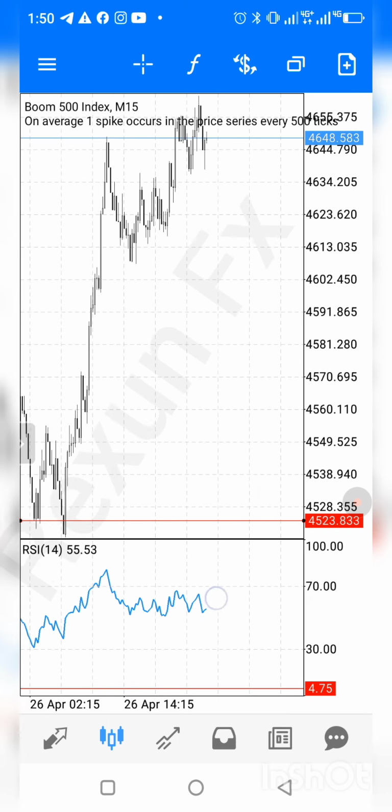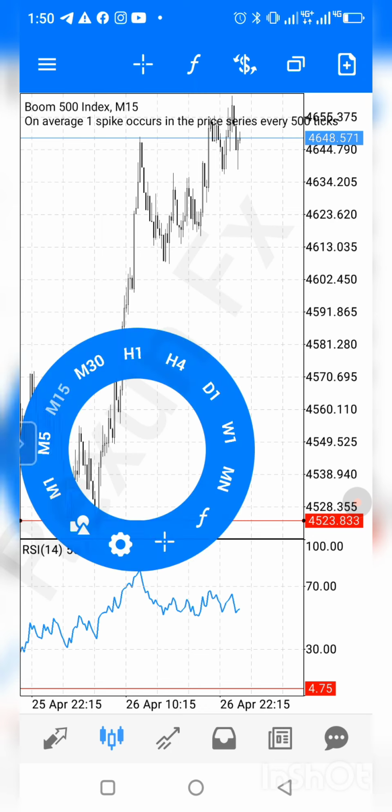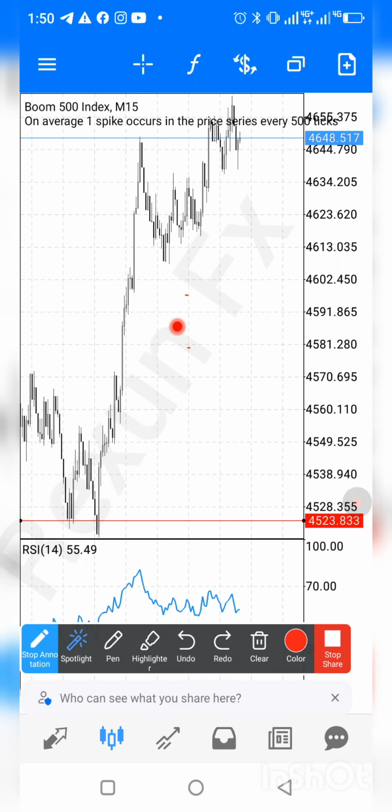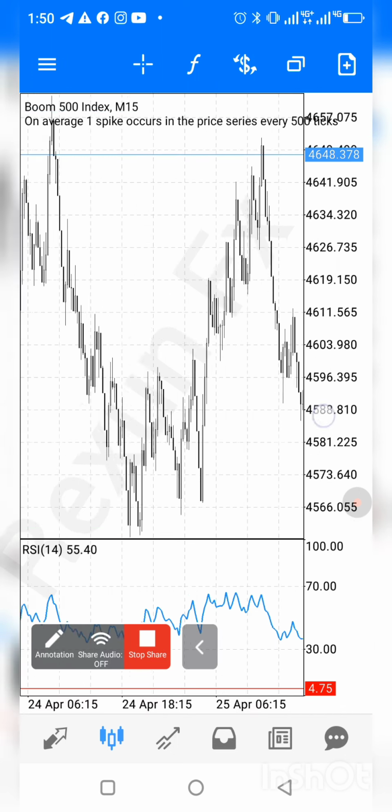So I can bet you that whenever the price comes all the way down, it's definitely going to spike around this region. This is a very important strategy that I use, and it's safe, it's promising, and it really rarely fails.